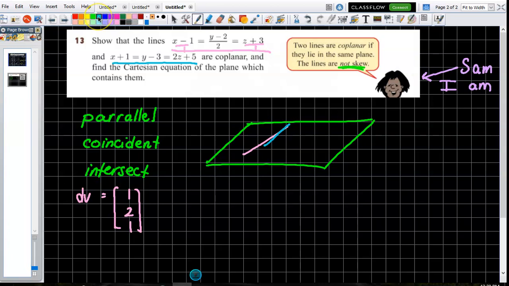Okay, and then your direction vector for the second one, and this is where you go, ugh, it's a little bit nasty. Yes, it's over 1, but we can't just say it's over 1 because you've got that 2 out the front.